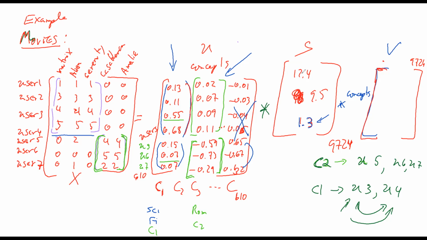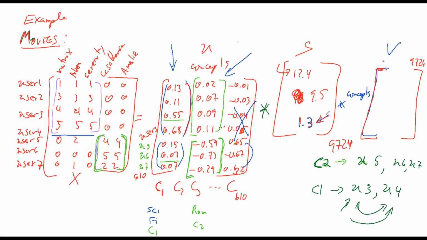And then if you look at this, you would say the strength of the concept sci-fi is high, so the SVD is more sure about that relationship. Whereas for the last one, it's not very sure. It's not very confident in what it discovered. So that's why it gave it a 1.3.